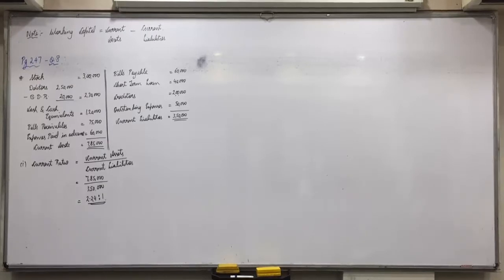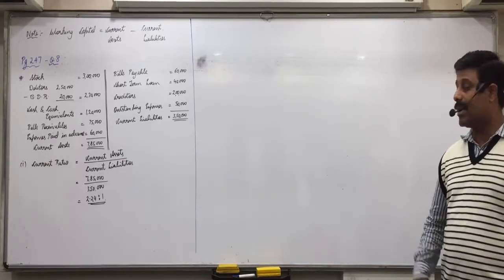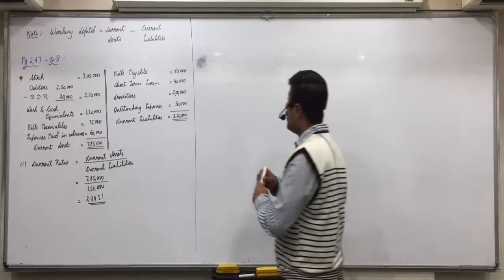What is next required? Liquid ratio. Now liquid ratio means liquid assets upon current liabilities, and liquid assets means from current assets we will exclude stock and prepaid expenses, means expenses paid in advance. Did everyone complete up till current ratio? Raise your hand while still writing it. So now first we'll find liquid assets.